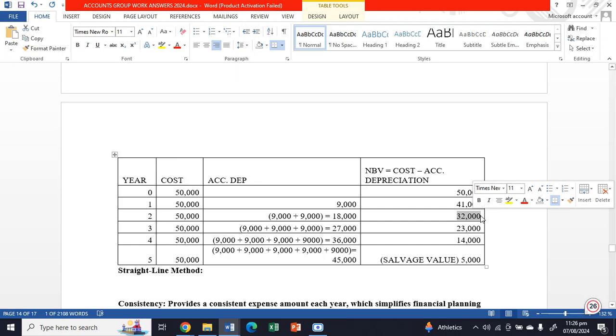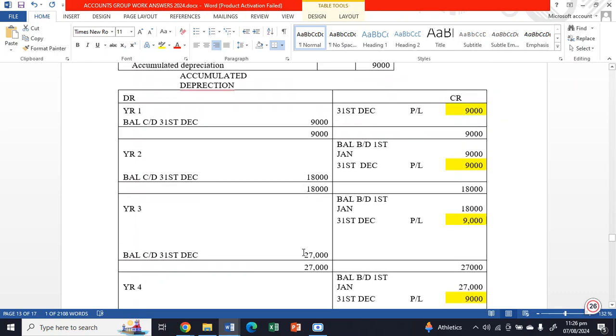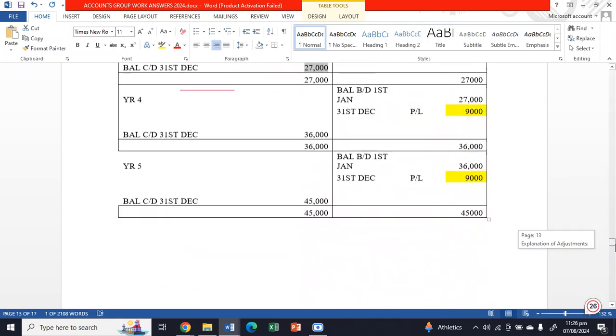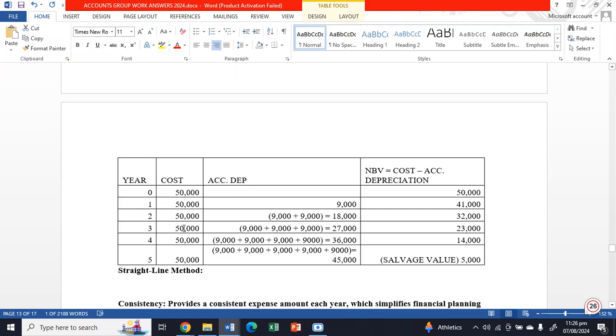We go to year three. At the end of year three, if we remember, accumulated depreciation is 27,000. So we deduct 50,000 minus 27,000, you get 23,000.